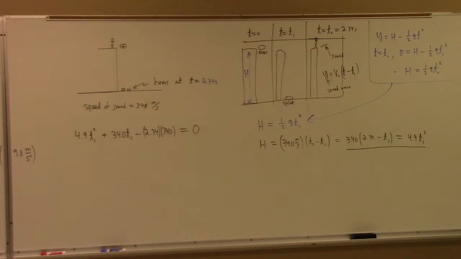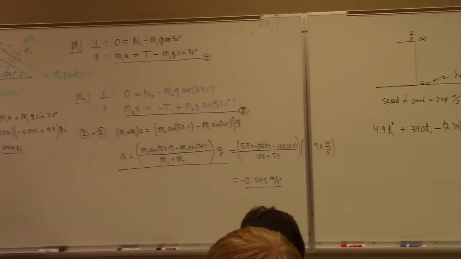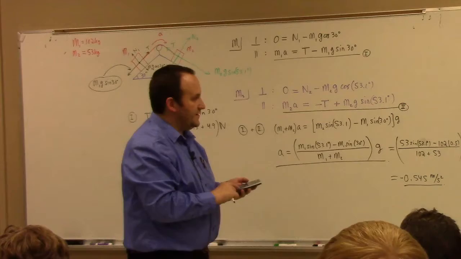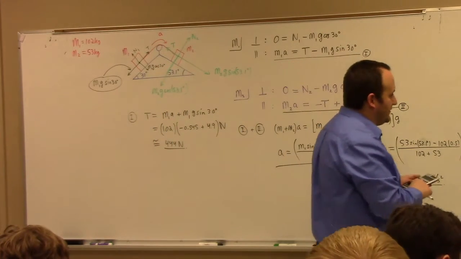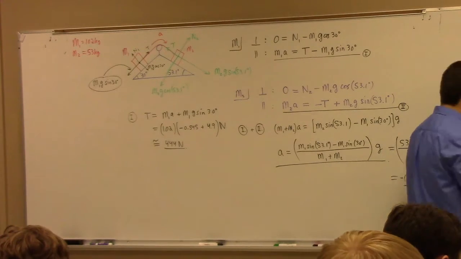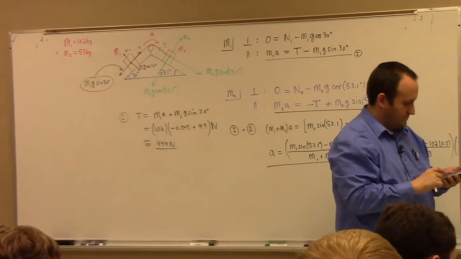Let's see here. Mode, equation, 3, coefficient 4.9. Coefficient of B, 340. Can somebody tell me what 2.34 times 340 is? What's this? 795.6.